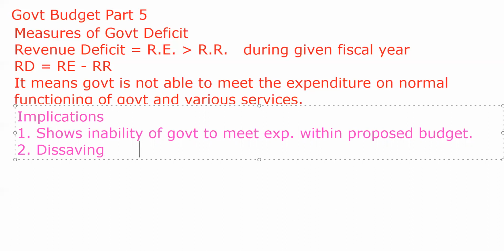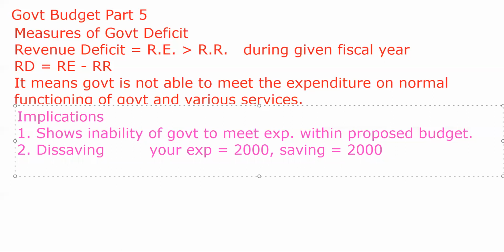We can see it with an example. Suppose your expenses have crossed rupees 2000, but you have the saving, you had the saving previously of rupees 2000, but your revenue is only 1,000.